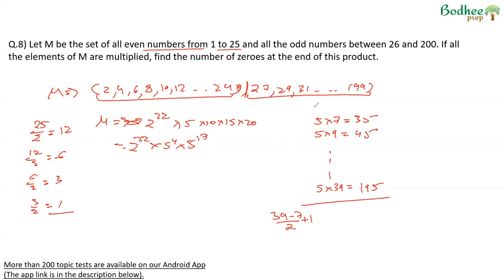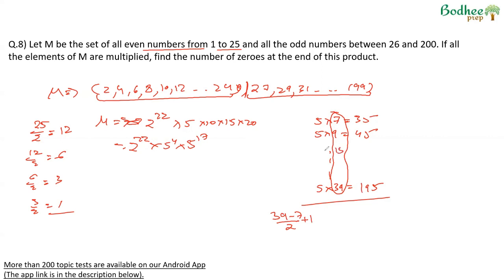7, 9, 11, 13, 15, 17, 19, 21, 23, 25, 27, 29, 31, 33, 35, 37, 39. Next, if we look at these numbers for further powers of 5: 7, 9, 11, 13, 15.